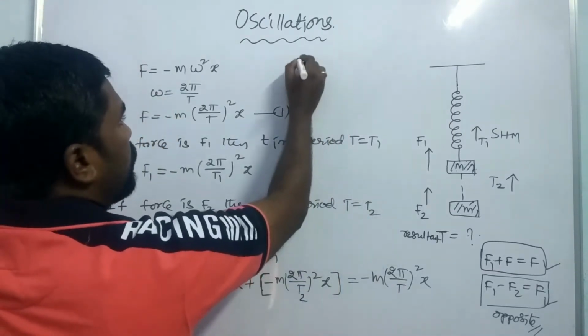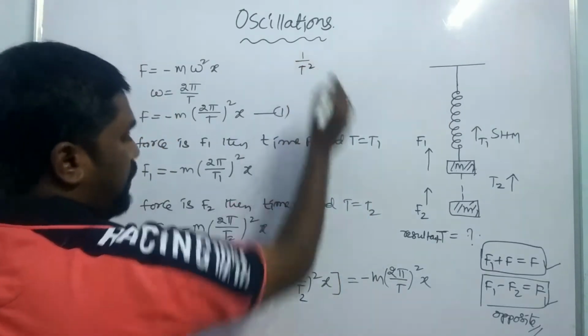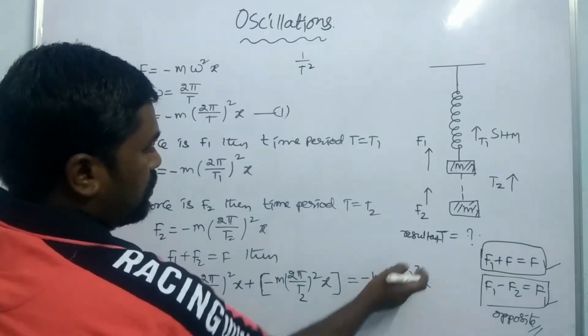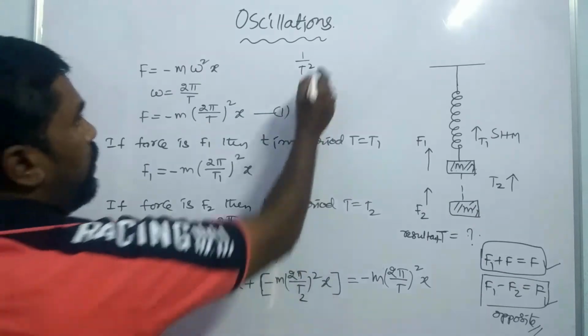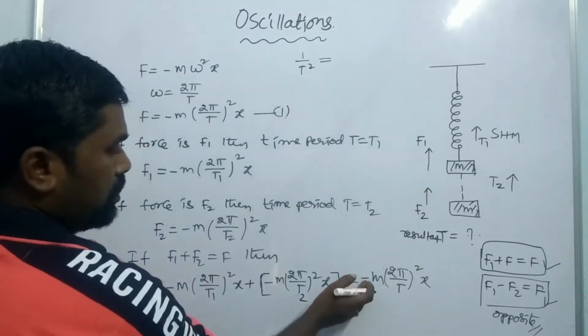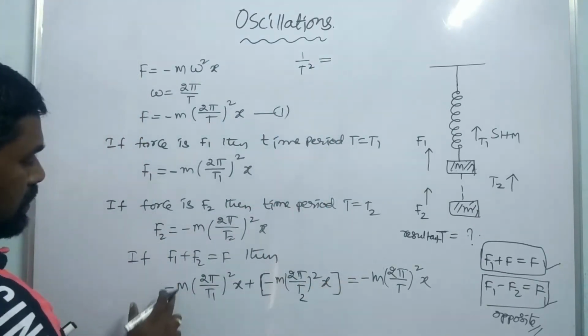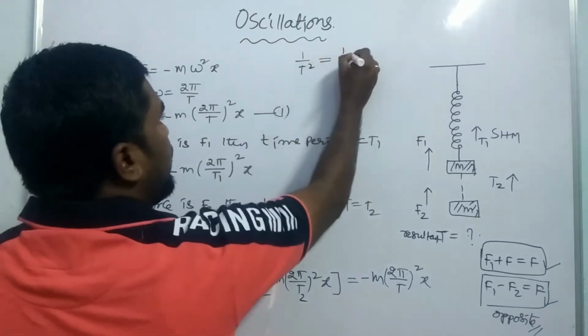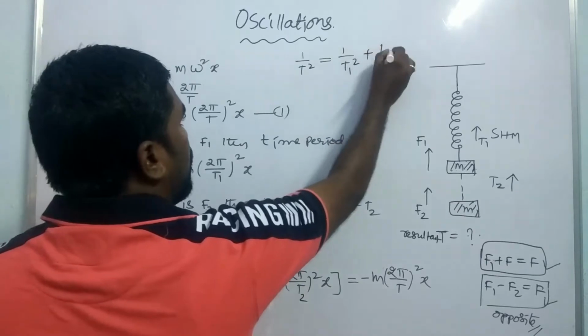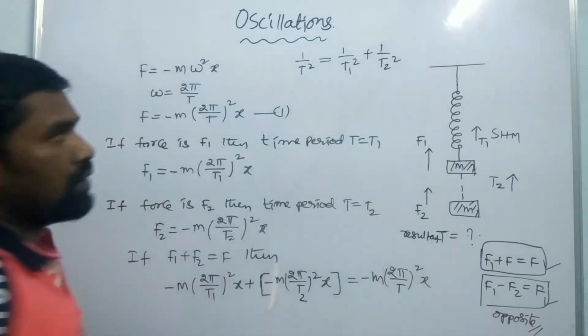It is 1 by t square, it is equal 1 by t square. 2 pi by t whole square, it is 1 by t square. 2 pi square and 2 pi square will be cancelled. 1 by t square it is equal. So this minus will be common here. This is also plus and this is also plus. So therefore 1 by t1 square plus 1 by t2 square. Clear?